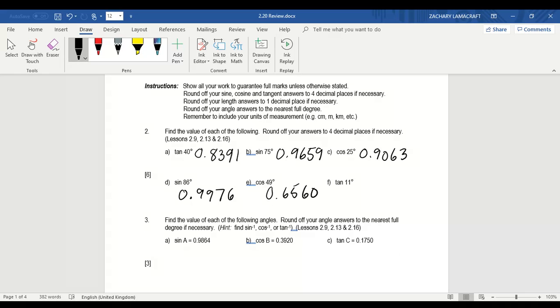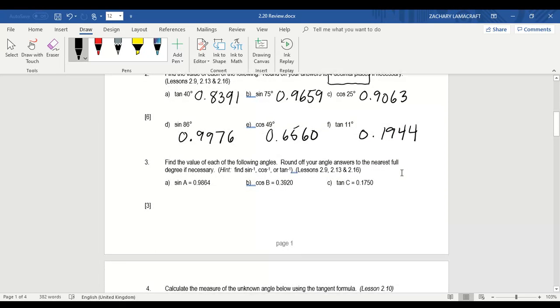And then finally, on my calculator, 11 tan is going to give me the answer of 0.19438 or 4. Okay, so again, type in the number, then tan, or tan the number, depending on your calculator, but these are what you should get if you go through that. Okay, so all of these I've rounded to 4 decimal places, and that should be our answers.